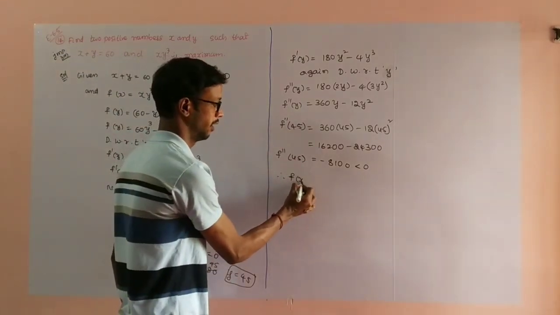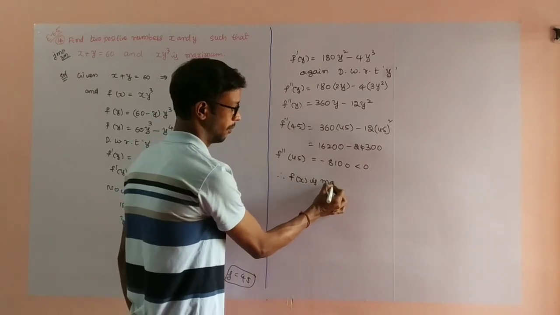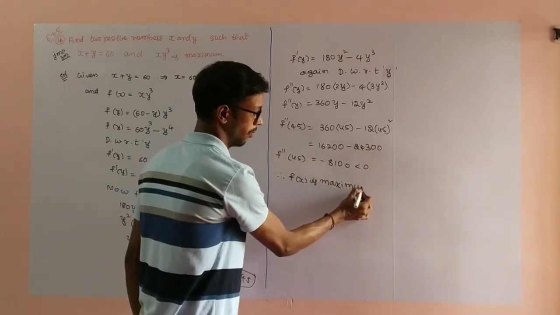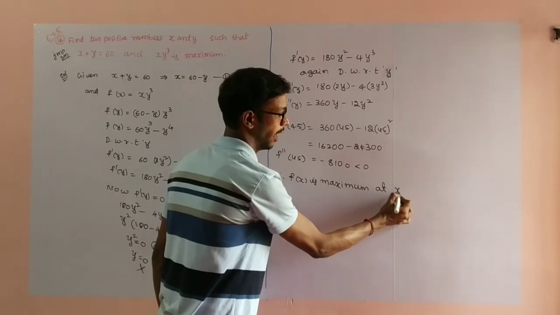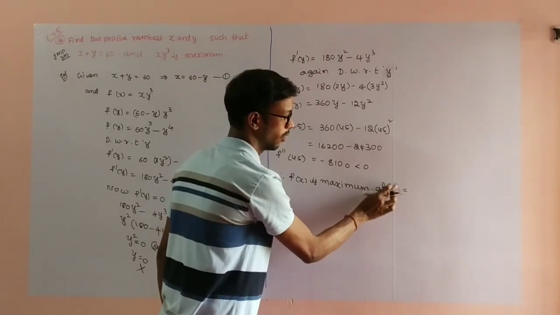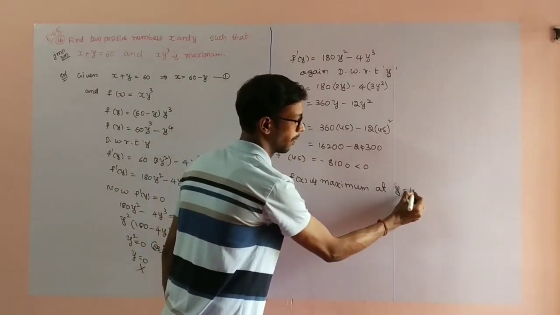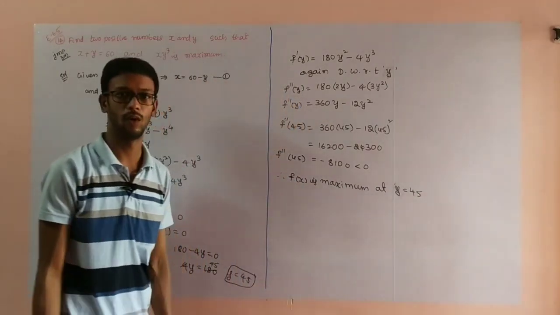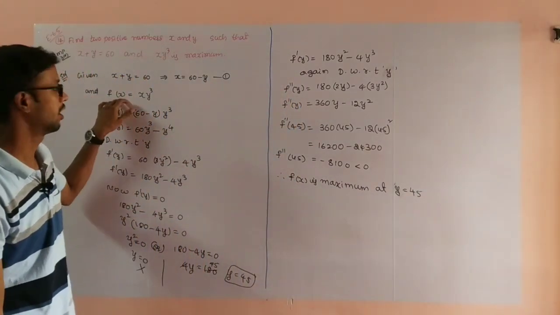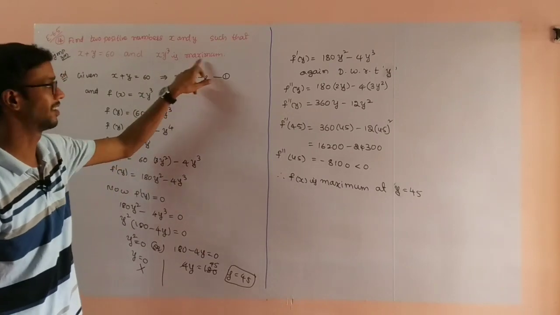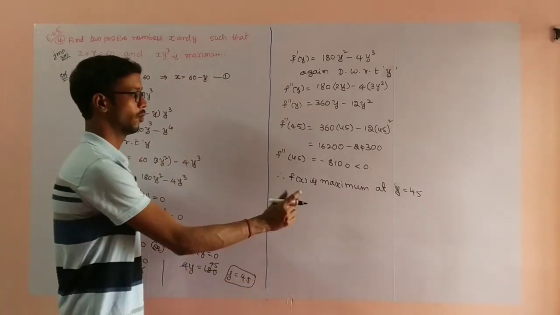F of x is maximum at y equal to 45. At y equal to 45, the function is maximum. This is the maximum we have to find. Y is completed.